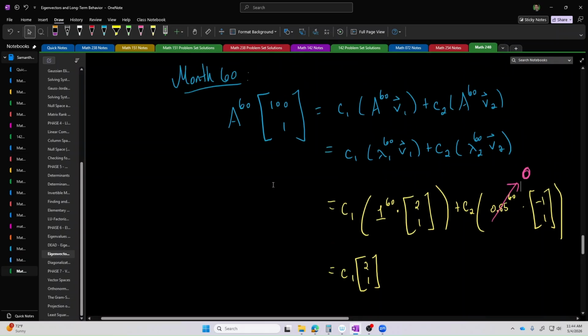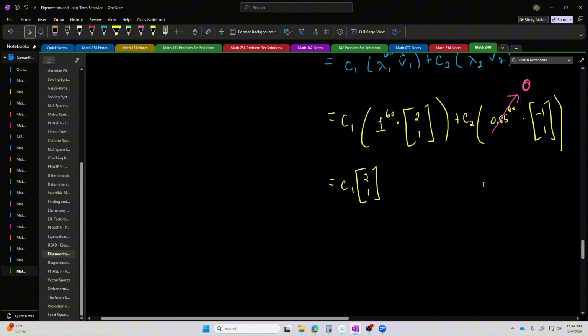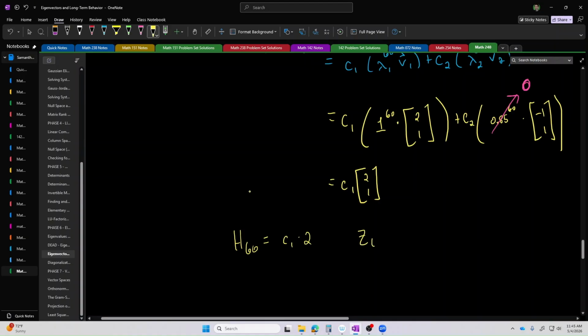So after a long period of time, our population of zombies and humans is leveling off to a certain ratio. Our population of humans after 60 months is some number times 2. Our population of zombies after 60 months is equal to that same number times 1.